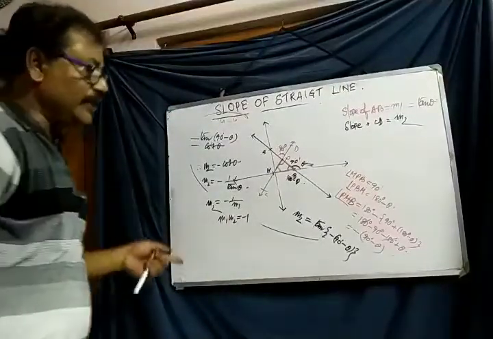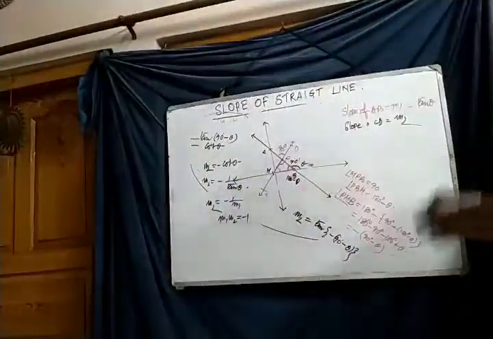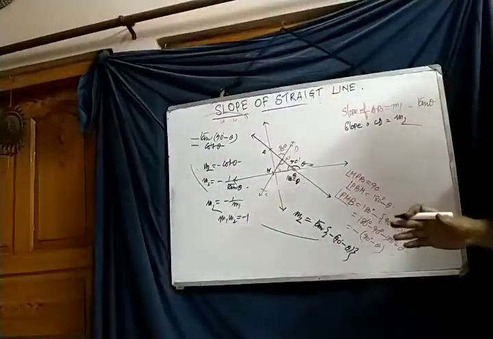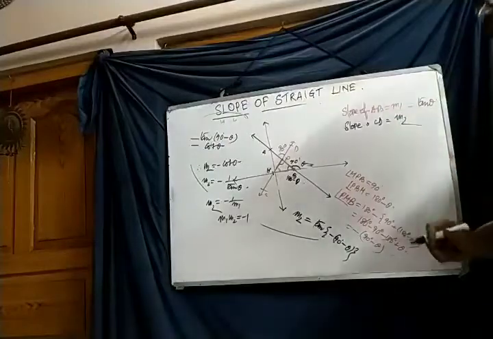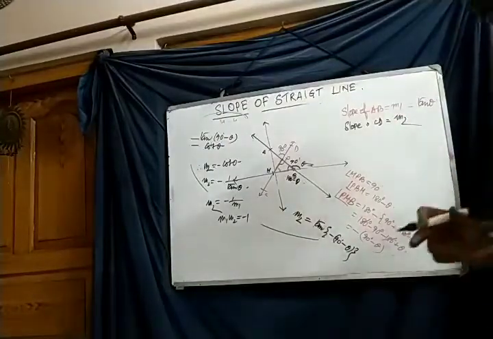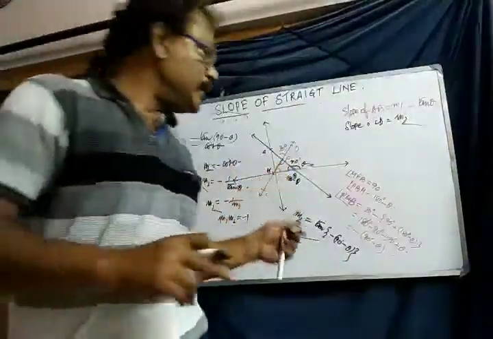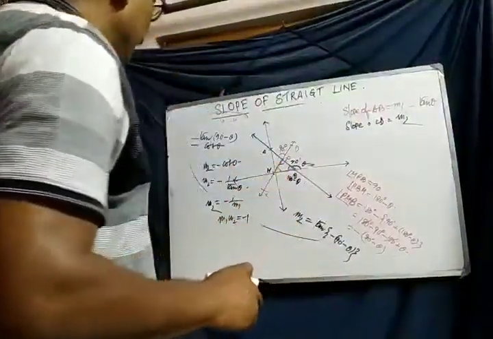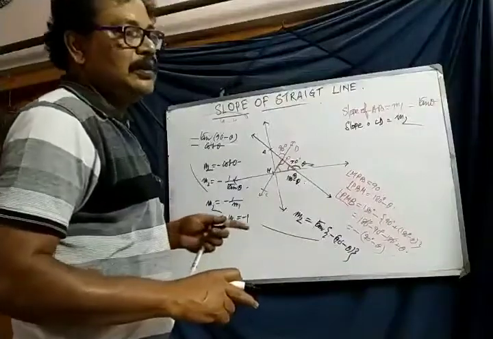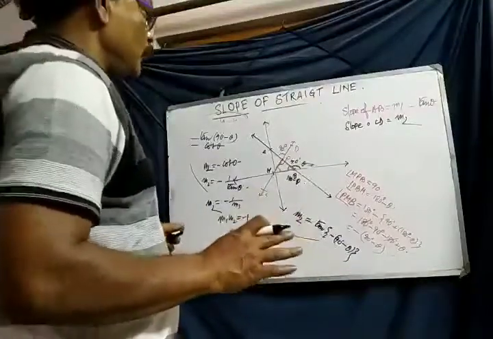Therefore, this is the relation between the slopes of the straight lines if the straight lines are mutually perpendicular to each other. If two straight lines are mutually perpendicular, then the product of the slopes is minus 1.